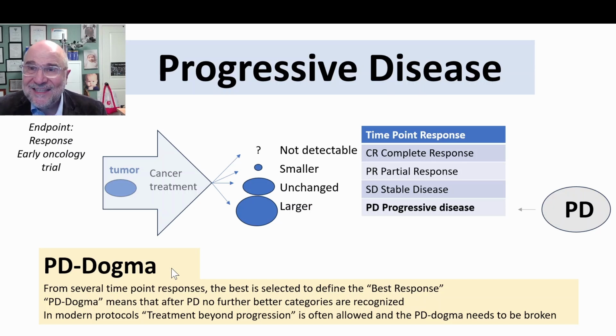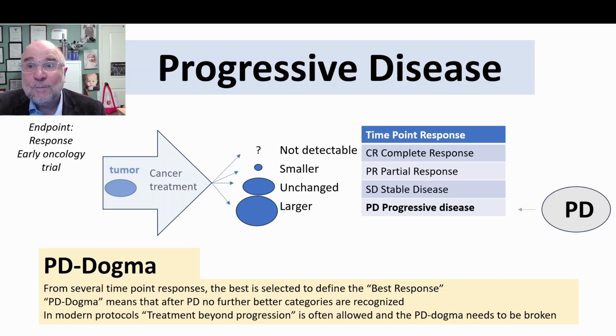The worst thing you can do in that case, when the drug is working, is to stop the drug. You should carry on, continue measuring responses, and the further time point responses are then, if you're lucky, partial response or even turn into complete response.